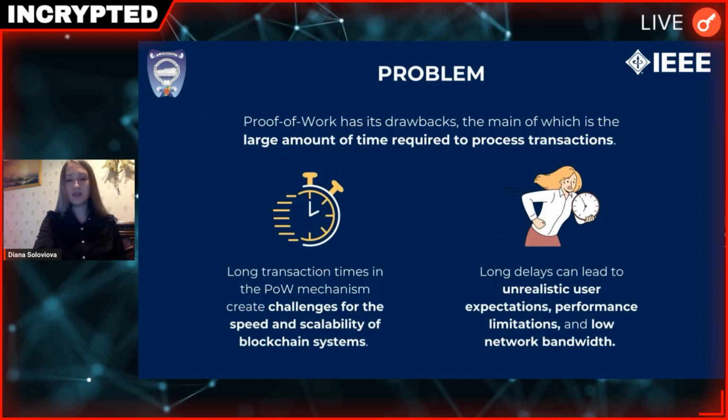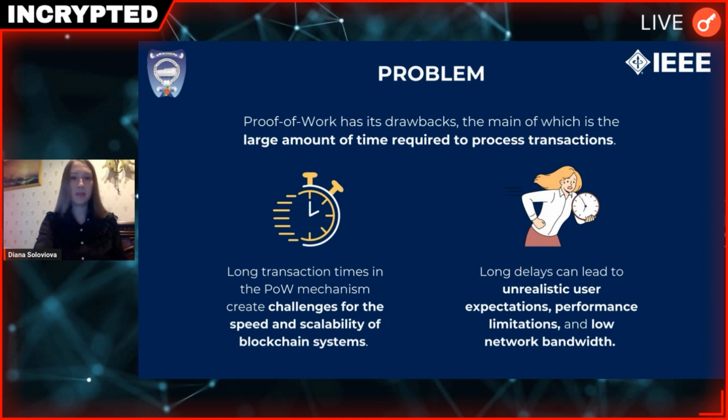So nowadays, the development of technologies is changing our perception in many ways, and of course, one of the essential directions is the development of blockchain technologies, which ensure the safety and reliability of digital transactions.